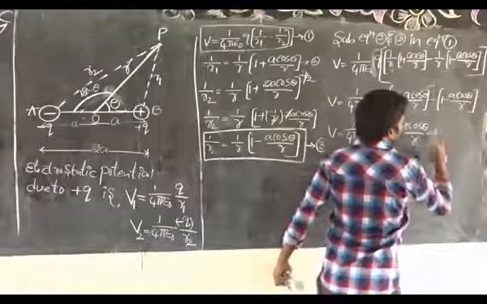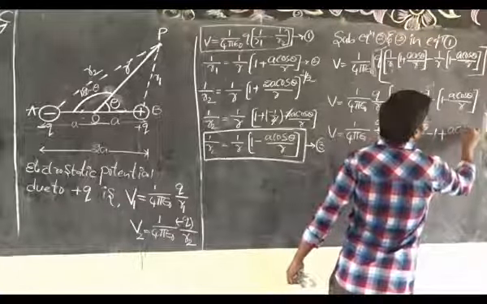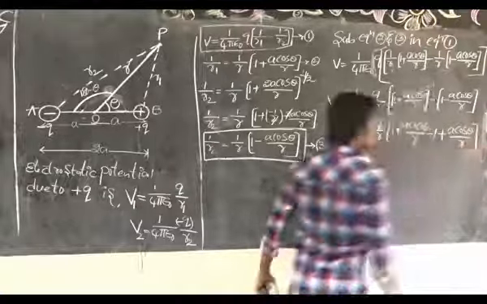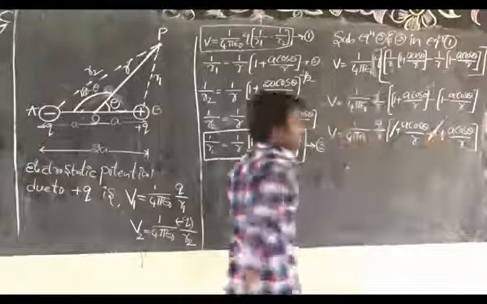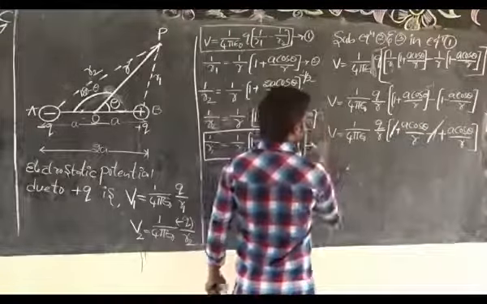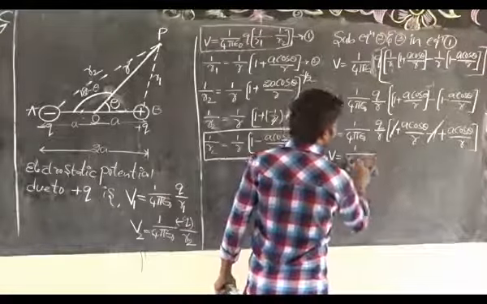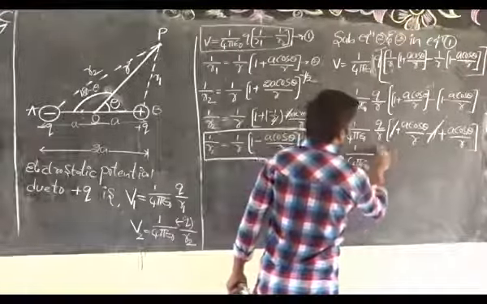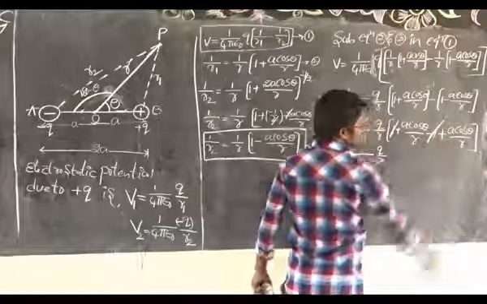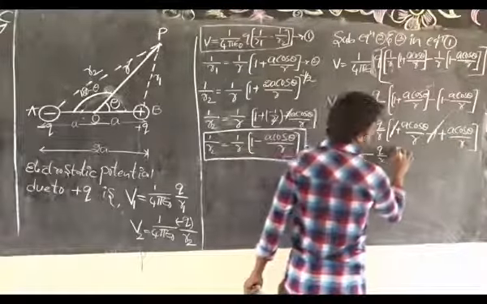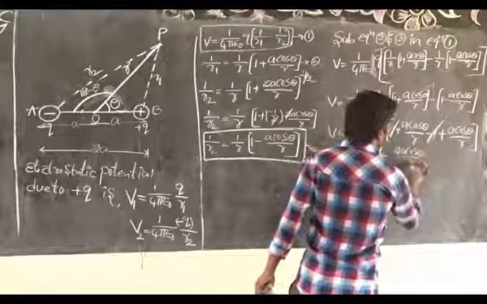Minus into 1 is minus 1, minus into minus is plus a cos theta by r. Here plus 1, minus 1 cancel. So V is equal to 1 by 4 pi epsilon naught into q by r into a cos theta by r plus a cos theta by r, 2a cos theta by r.